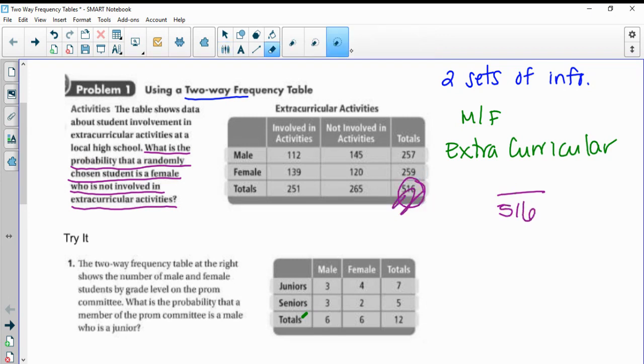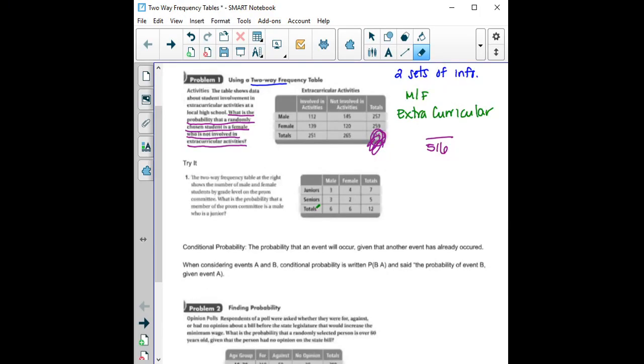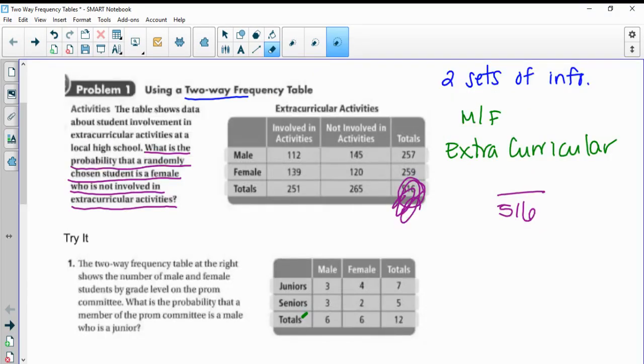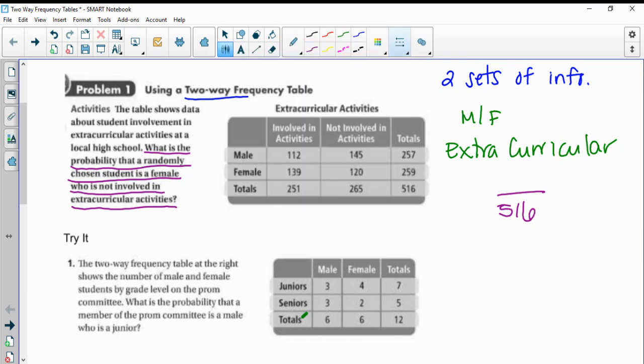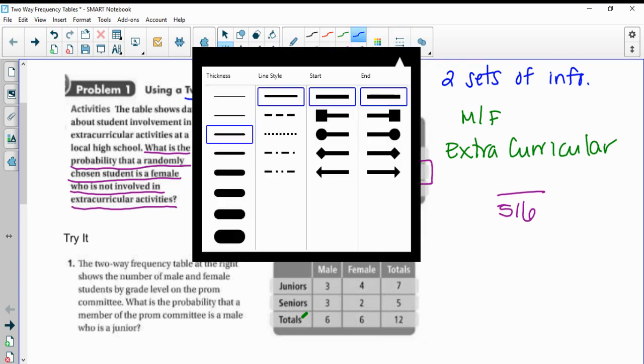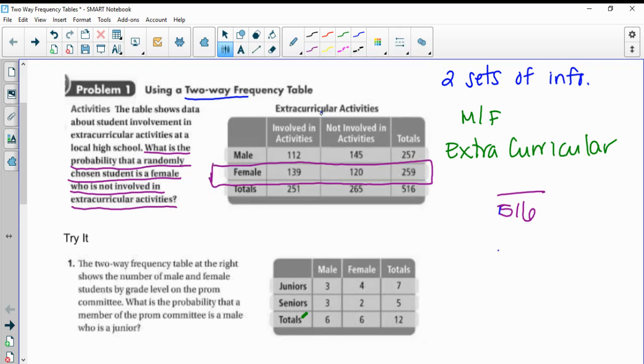So we want to find in this table the number that represents the females that are not in extracurricular activities. So what we need to do is find the female row, that's this one, and find the not involved in extracurricular activities column, that's this one.